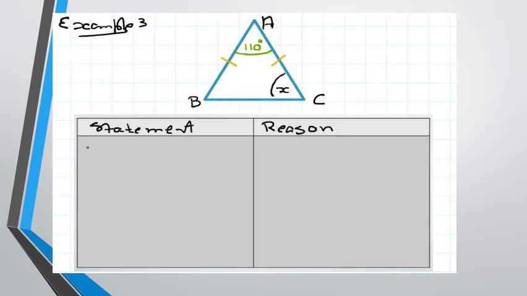I'm going to say that angle A plus angle B plus angle C is equal to 180 degrees. So therefore the statement made, and the reason for that again is the sum of the interior angles of a triangle equals 180 degrees.